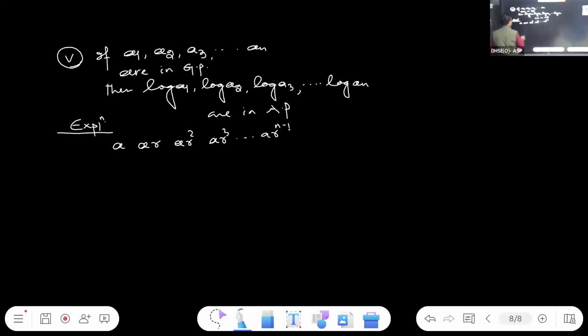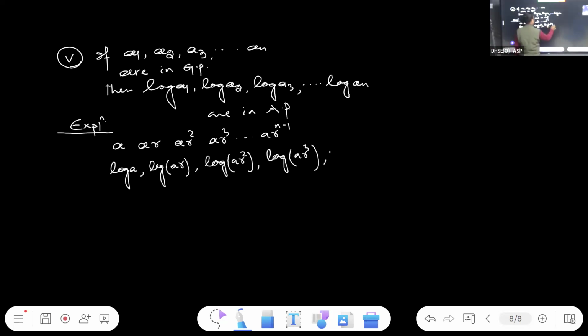Taking the log of each term of the GP, it will be log a, log ar, log ar², log ar³, up to log ar^(n-1). Using log(m·n) = log m + log n, and log m^n = n log m.